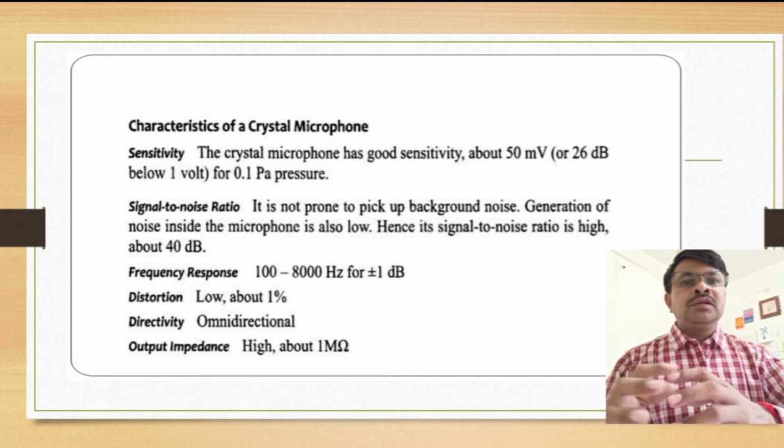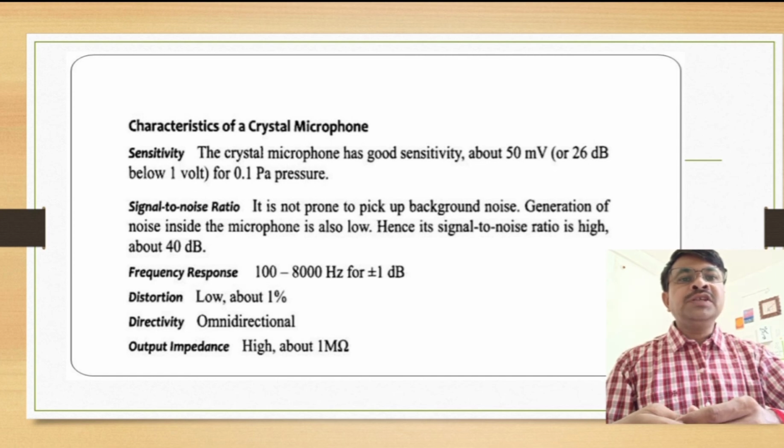So on these two topics in the exam, a 4 marks question may be asked, like draw the internal diagram of the ribbon microphone or the crystal microphone, list its important characteristics, or draw the diagram and write the working principle of the ribbon as well as the crystal microphone. The working principles of both microphones are different because their internal materials are different.